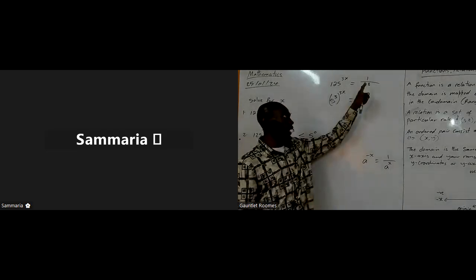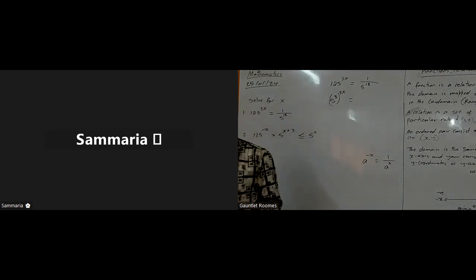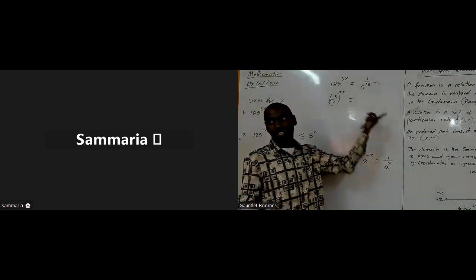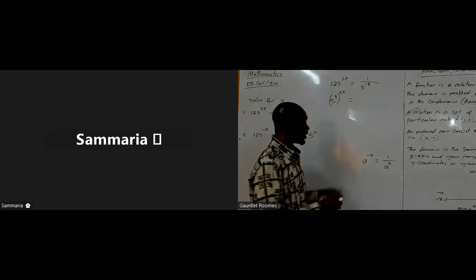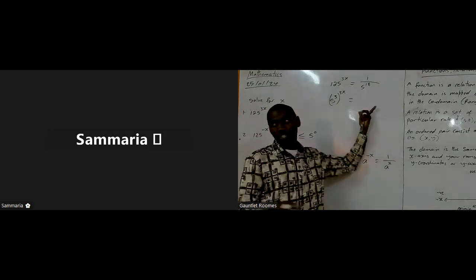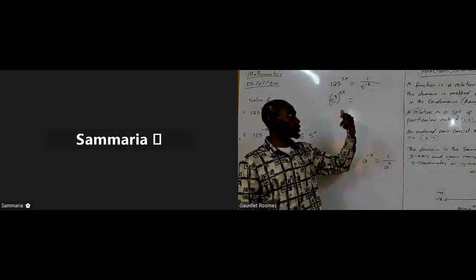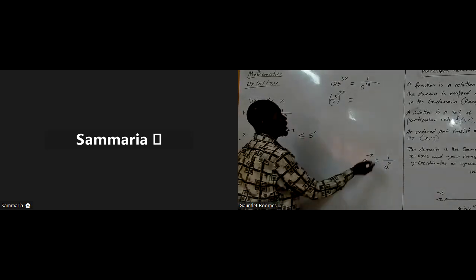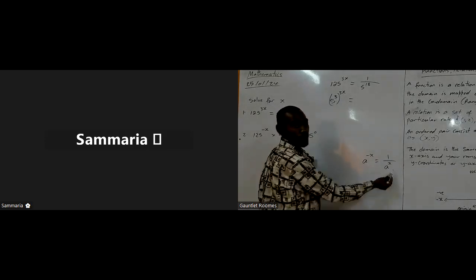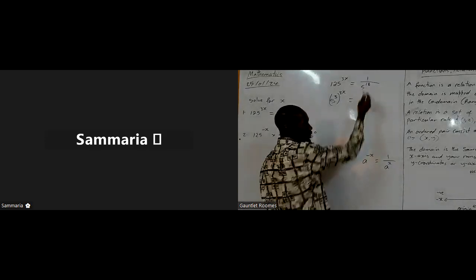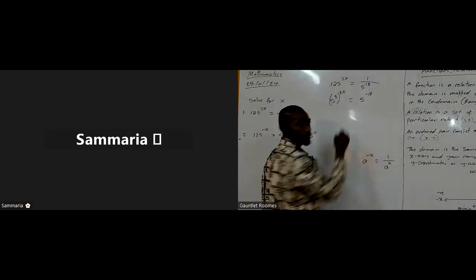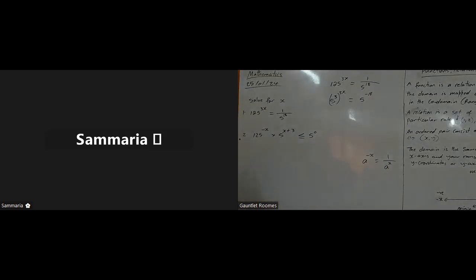So we're going to rewrite this with a negative power to get it at one level, because that's the only way we can say, okay, the bases are equal. This would be 1 over something, but we want it as just 5 to the power of something. Good. So applying this rule, we rewrite this as 5 to the power of negative 18.